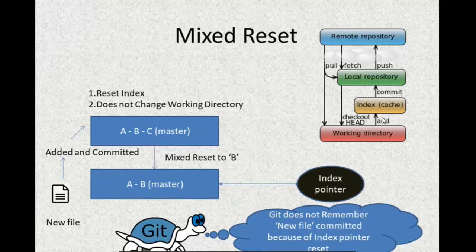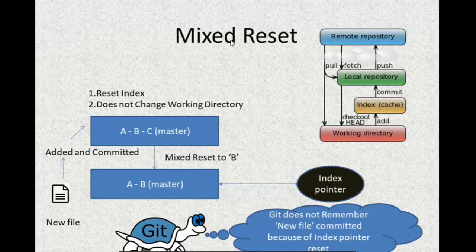You have to perform the index operation that I showed in the previous slides: select the file, then go to the TortoiseGit option and add the file. It will then go to the index cache, and TortoiseGit will recognize it, because the index file will be updated in that case. So this is the difference between soft and mixed reset.